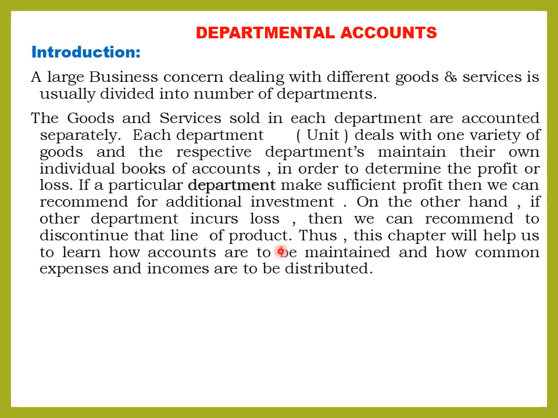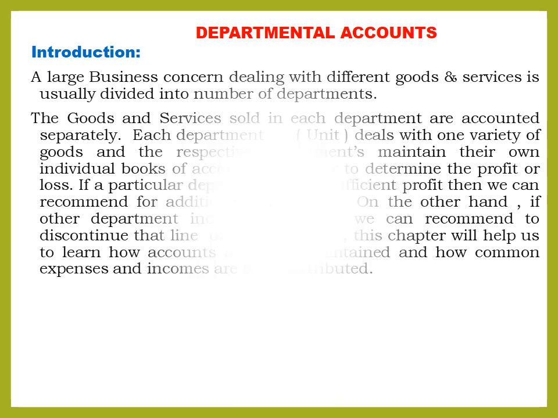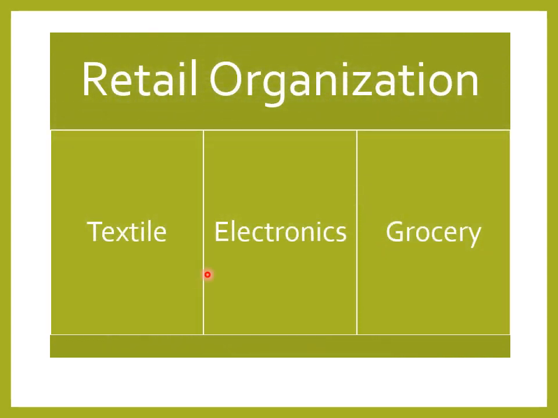Loss-making departments are a burden and a liability, and have no place to continue in the business. So, by maintaining department accounts, we will come to know which department incurs loss and which department earns profit. So loss-making departments, we can discontinue.